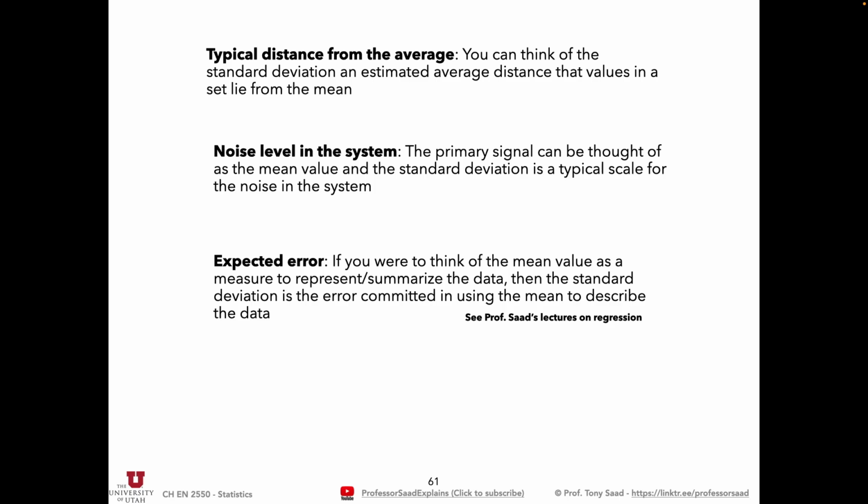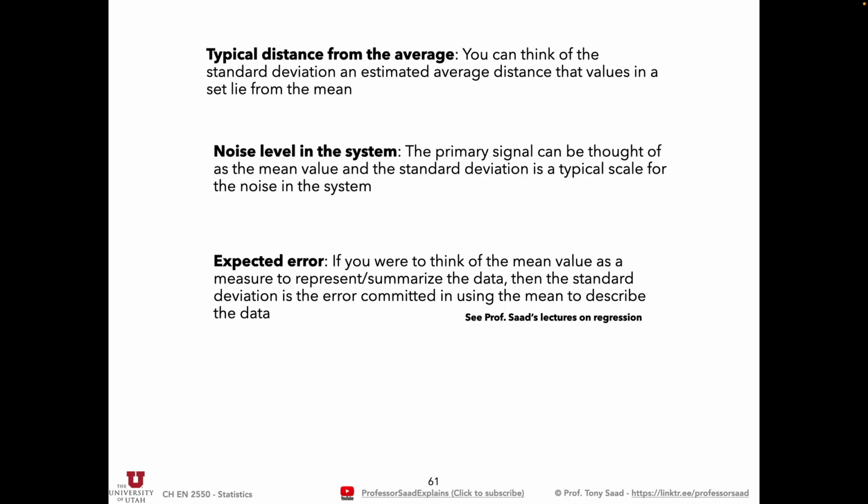Now, this one is the one I like. I like to think of the standard deviation as actually an error. If things were ideal and everything was perfect, all of the data will line up along the mean. And therefore, if you use the mean to explain any data set, your standard deviation is the error committed in using the mean to explain those data.